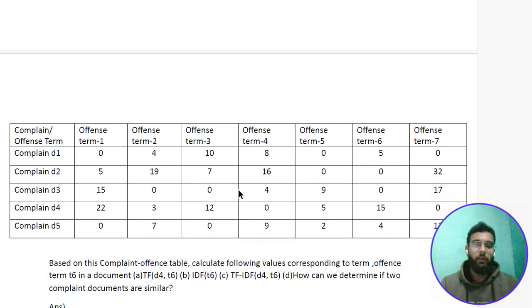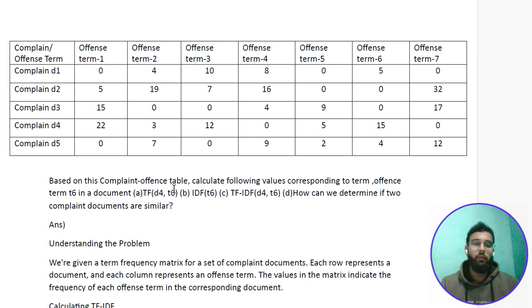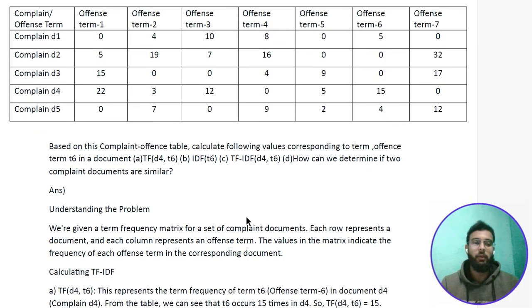So this is the table. Based on this table, we have to calculate the following values for offense term T6. A: calculate the TF for D4 and T6. B: calculate the IDF for T6. C: calculate the TF-IDF for D4, T6. And D: how can we determine if two complaint documents are similar or not?